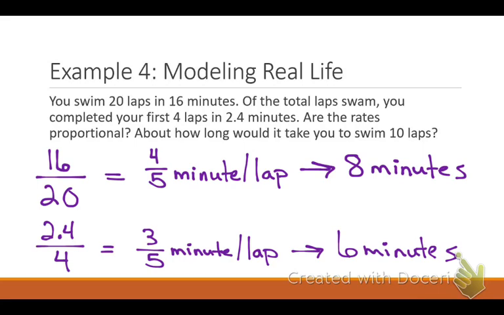This is an estimate based on the fact that my times are not proportionate, meaning that I get tired, I'm human. I'm not a huge fan of this example, but I can see that two rates are not equivalent, but I can use it to make a guess, and I'm going to say about 7 minutes for 10 laps.